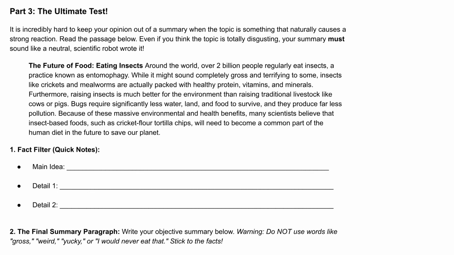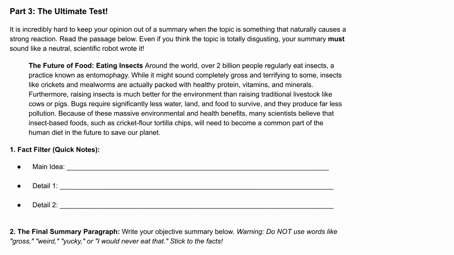We have made it to our final page, and this is the ultimate test. It is incredibly hard to keep your opinion out of a summary when the topic is something that naturally causes a strong reaction. Your topic today is the future of food, eating insects. Read the passage about how eating bugs might help save the environment.